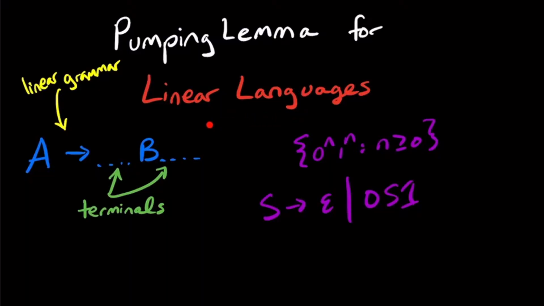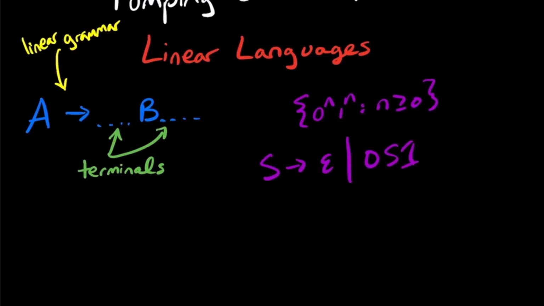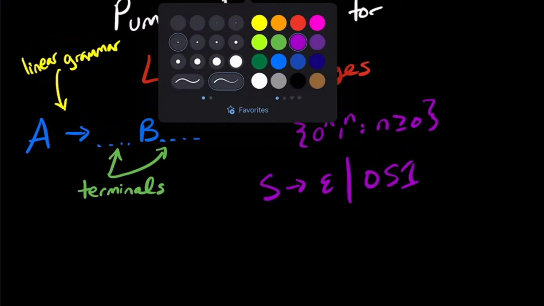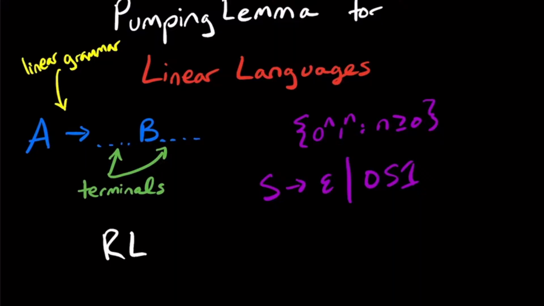A linear language is just the same idea as a context-free language, except that there's only a linear grammar. One thing you can pretty easily show is that the set of regular languages is a strict subset of the linear languages, and what we're going to show today is that the linear languages are a strict subset of the context-free languages.